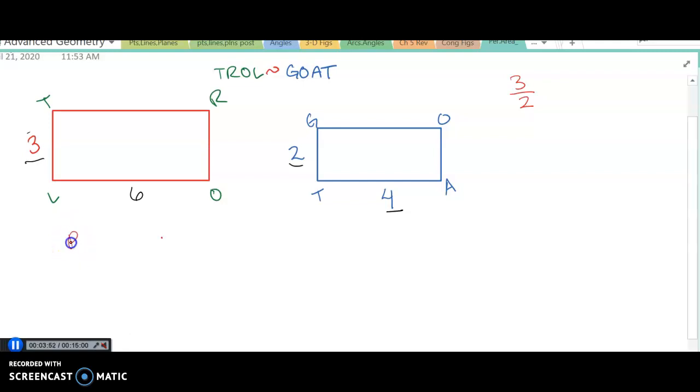So let's find the perimeter of troll versus the perimeter of goat. So let's see, we've got 6 on the bottom, so we know on a rectangle opposite sides are congruent. The sides across from each other are congruent. 3 on the right, so we got 6 plus 6 plus 3 plus 3, that would be 18.